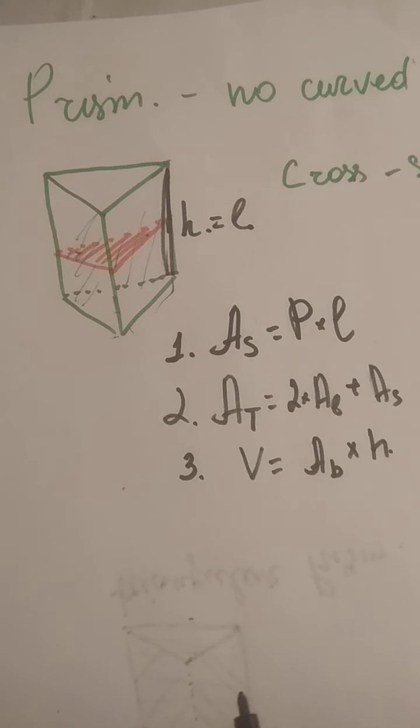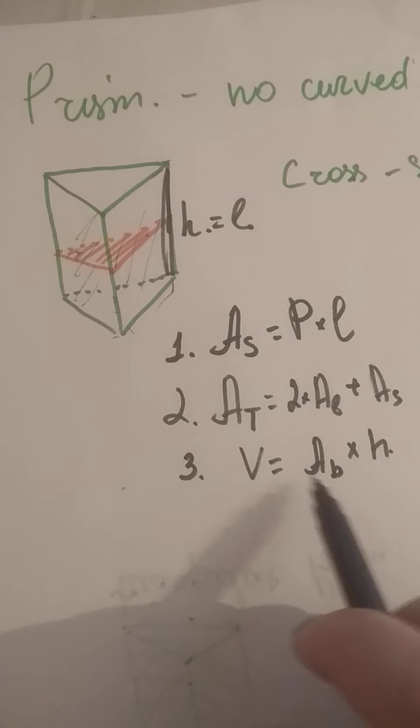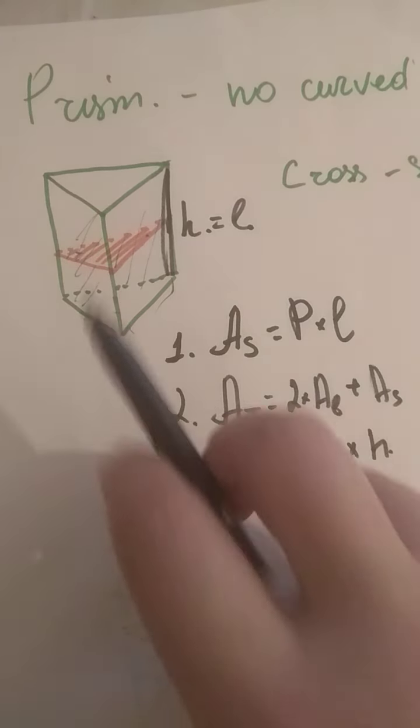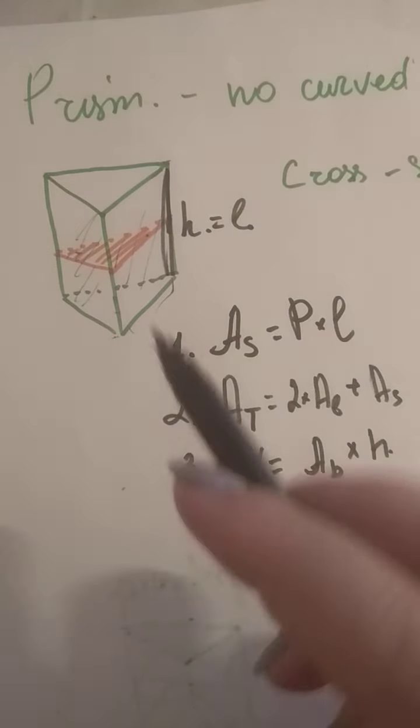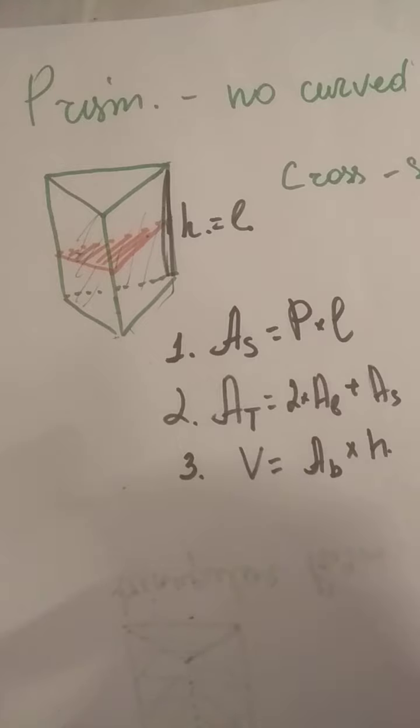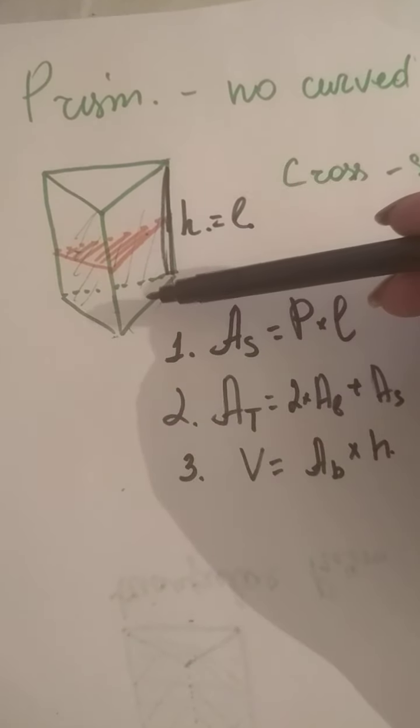Guys, this formula is true for the rectangular prism, because the area of base depends on the figure of the base. If your base is a triangle, you should use the area of triangle.